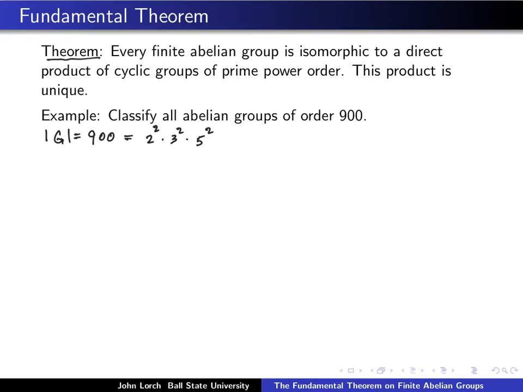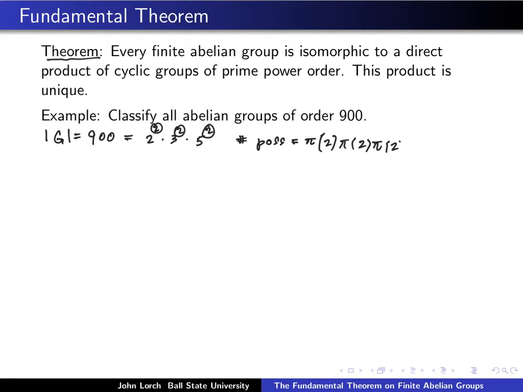And therefore, the number of possibilities is going to be this product of partitions, right? Remember, we focus on the exponents. And so we're going to think about how many ways we can take 2 and write it as a sum of positive integers.